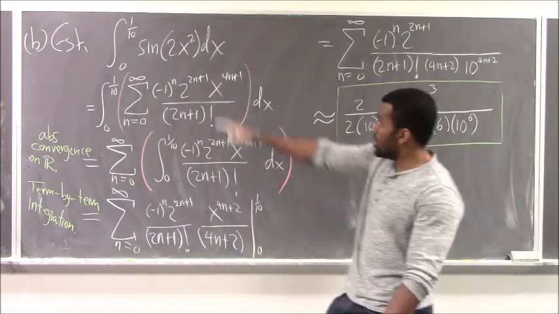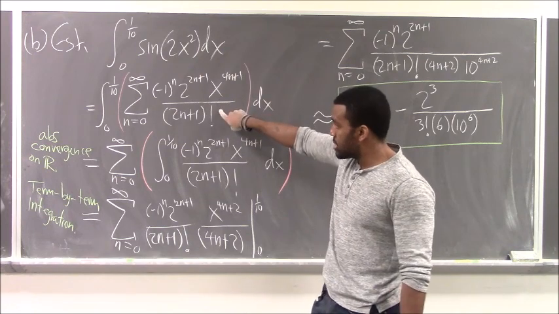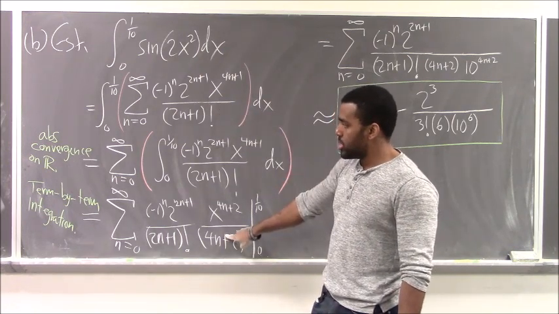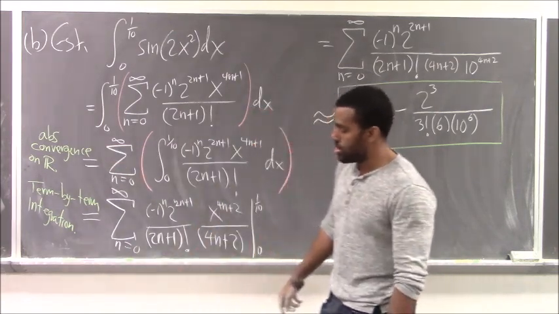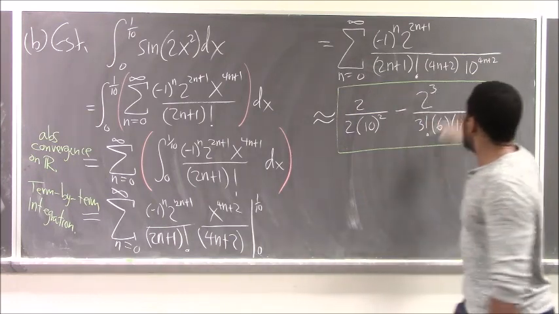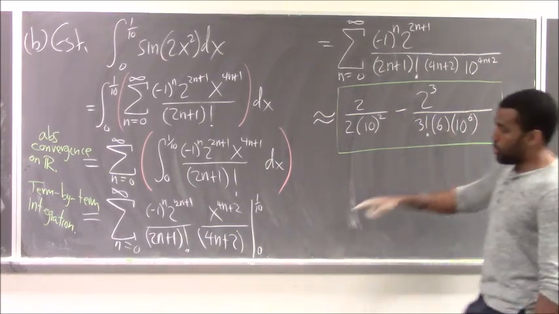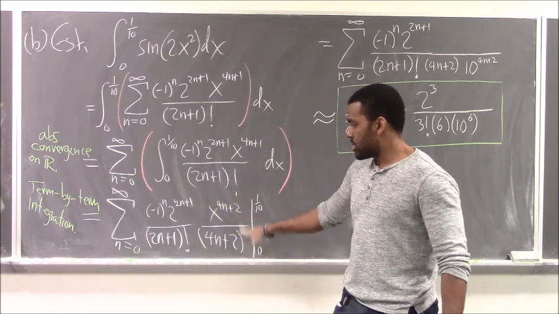So we figured out the Maclaurin series for this sine because of the Maclaurin series for sine of x. It's this guy. I can integrate that term by term. Everything's going to work out because we have absolute convergence on the radius of convergence, because we used the ratio test to evaluate it. And then at this point, I integrate the x to the 4n plus 1. That gives us this using the power rule.